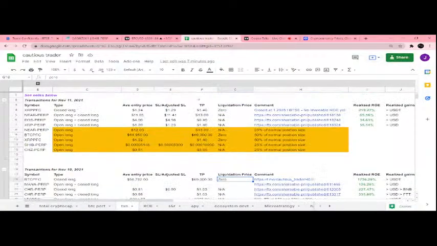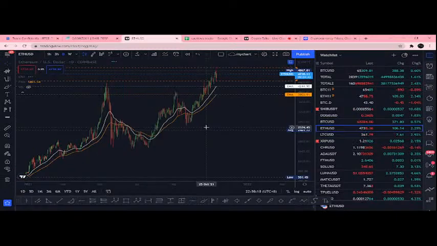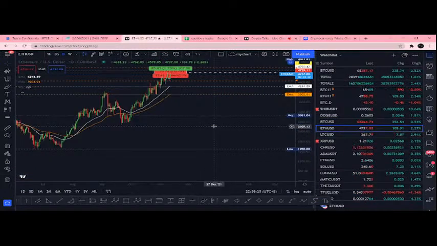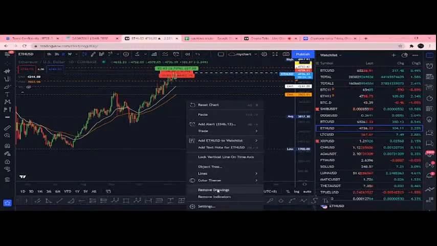So what are the rest that we can look at? Maybe let's try to look at Ethereum. And let me just remove it.